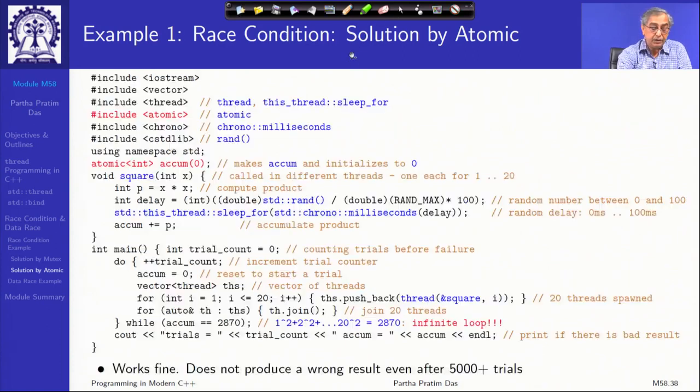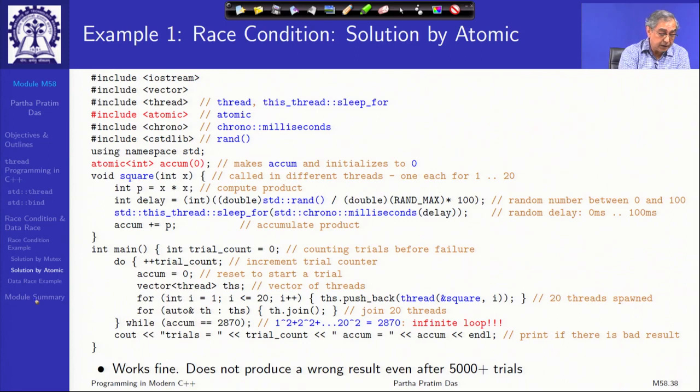Instead of a global declaration, you just say atomic int. It gives you an atomic integer, so that when a thread is trying to change the accumulator, no other thread can read or write it. This also solves the problem. I tried it 15,000 plus times and everything was okay.